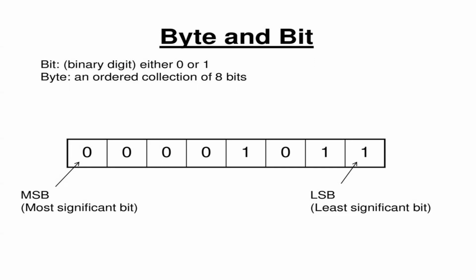And a binary digit is either 0 or 1. So if I write down 0, it is 1 bit. I write down 0, 0, it is 2 bits. Now here I have written 1, 2, 3, 4, 5, 6, 7, 8 bits. And a collection of 8 bits is called a byte.